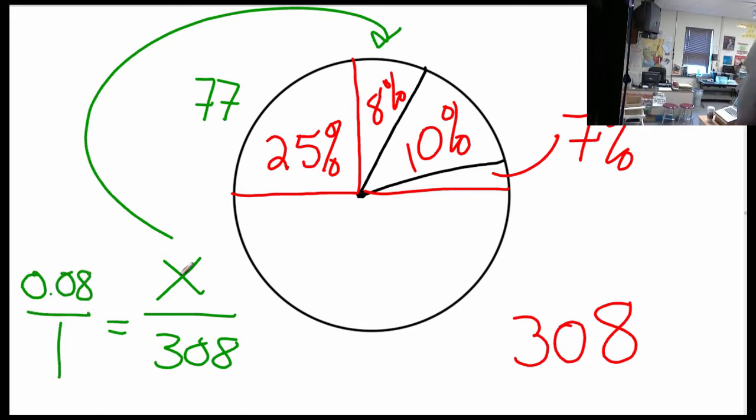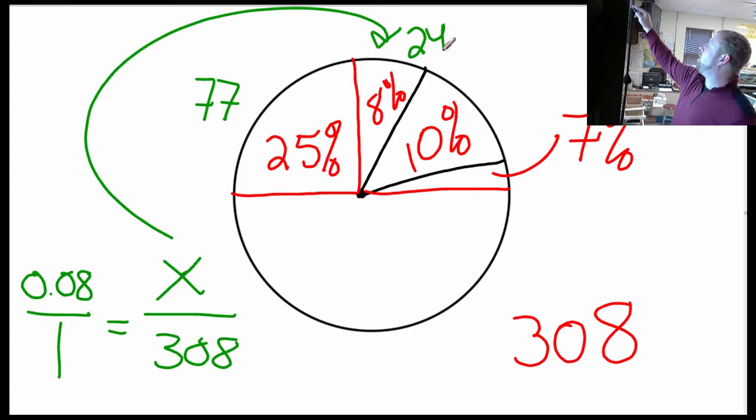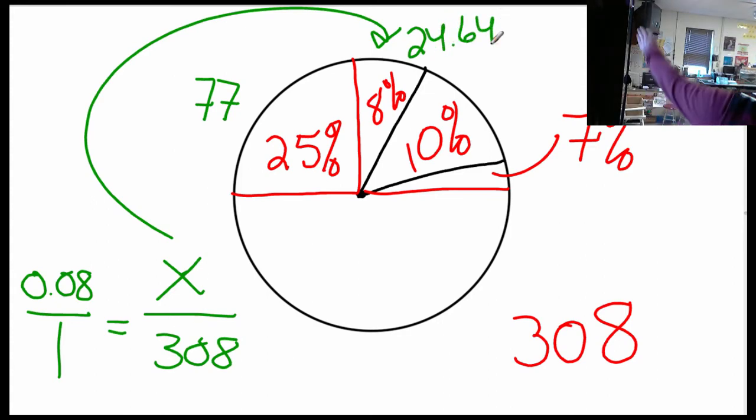So really, x would equal 308 times the decimal version of the percent. So what is 308 times 0.08? Emma? 24.64. Oh man, there's a partial person there. That's fine. How about 10%?